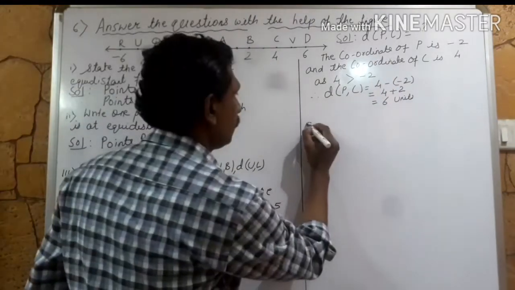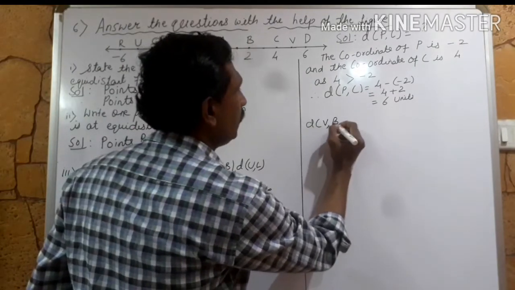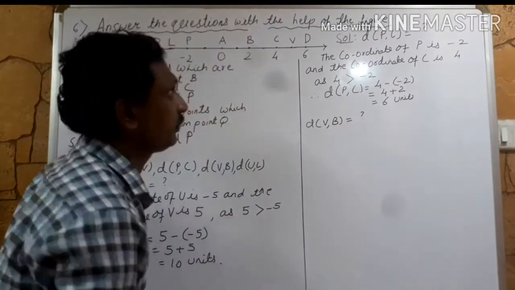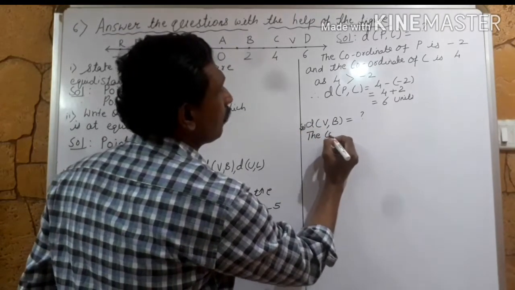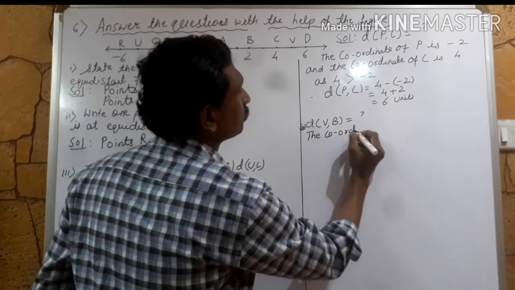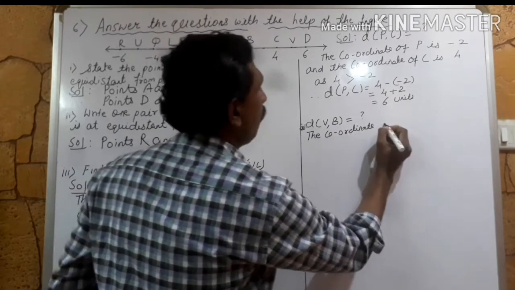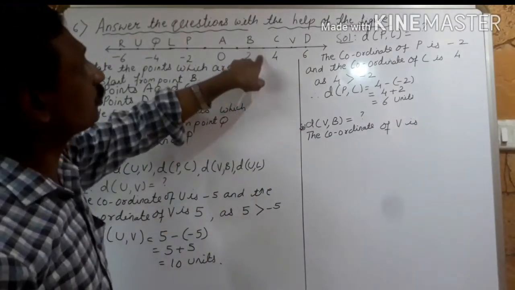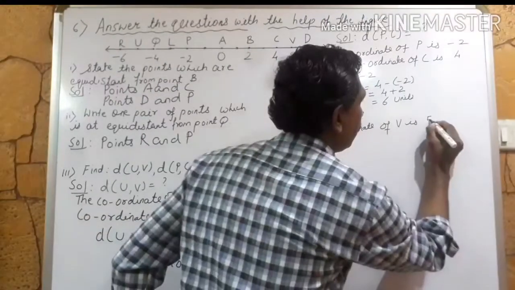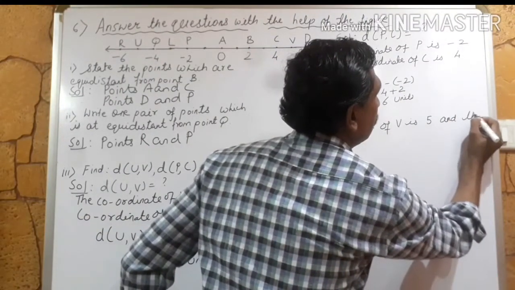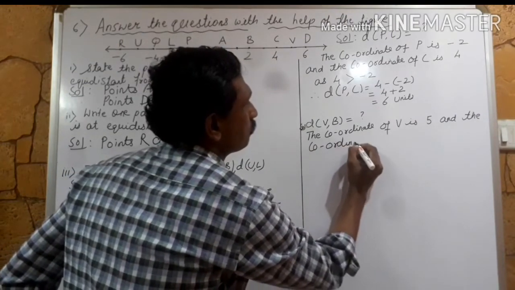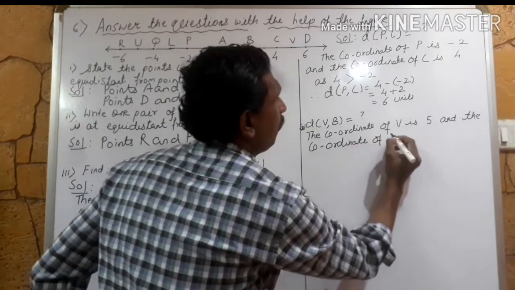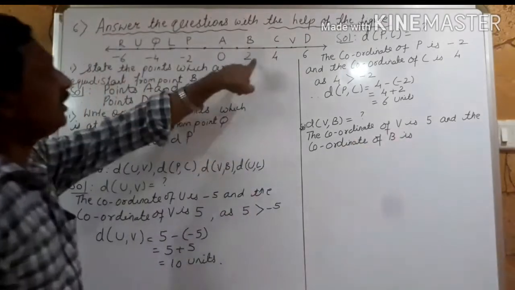What is the next one? Distance VB. Distance V comma B is equal to how much? Solution. The coordinate of V is, what is the coordinate of V? 2, 3, 4, 5 is 5 and the coordinate of B is, where is B here?